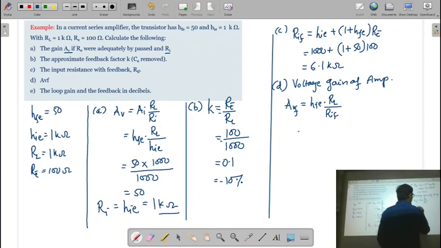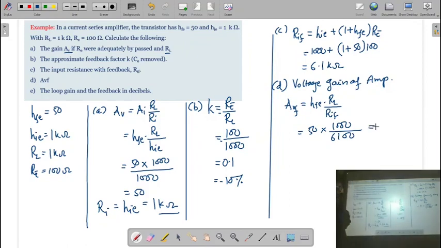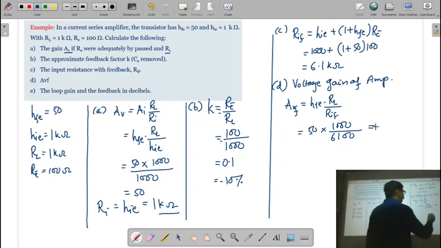So this is equal to HFE 50 multiplied by 1000 divided by 6.1 kilo ohm, that is 6100, and you will get your answer AVF, that is minus 8.2.